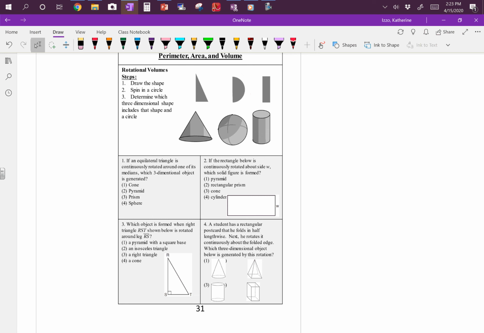I think I want to give you guys more time because we're in the middle of quarantine, and this is one of my favorite units, and we haven't done it since December. Yeah, I think I want to give you guys some more time with this, so you really understand my love for volume. I know, I'm a weirdo. I'm okay with that.